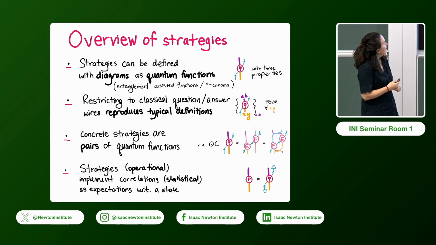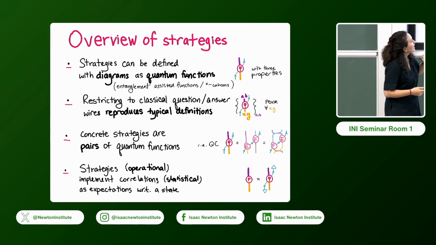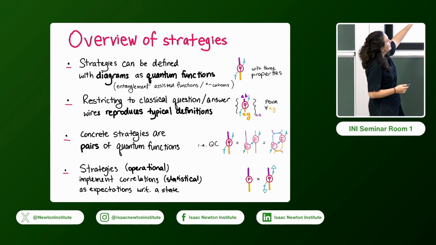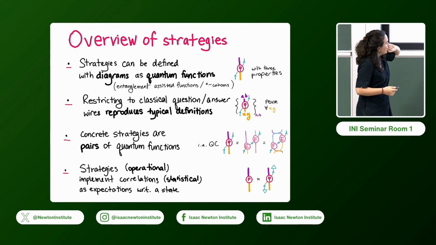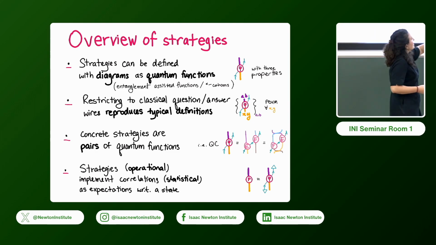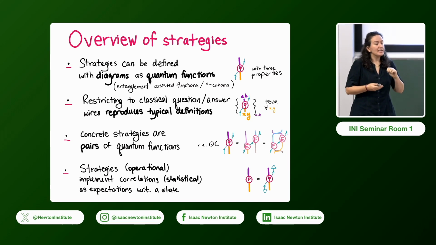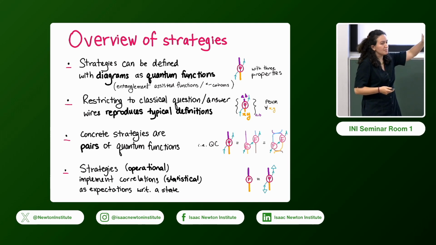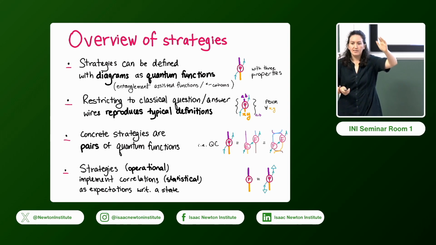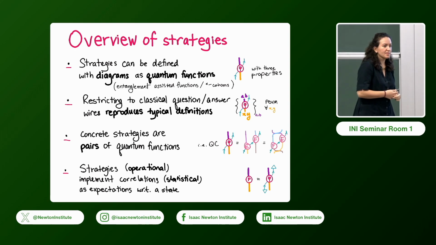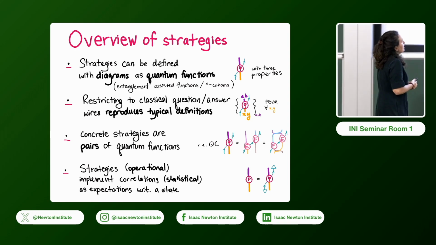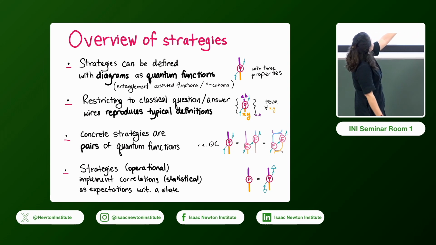So there's some sort of entanglement assistance going on to help this thing behave like a star cohomomorphism. And then if you look at the question and answer wires being classical, and you plug in all possible questions and answers, you get a set of operators on your Hilbert space. That's this added directed blue wire, okay?